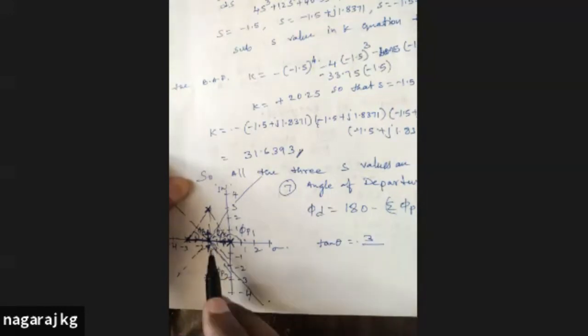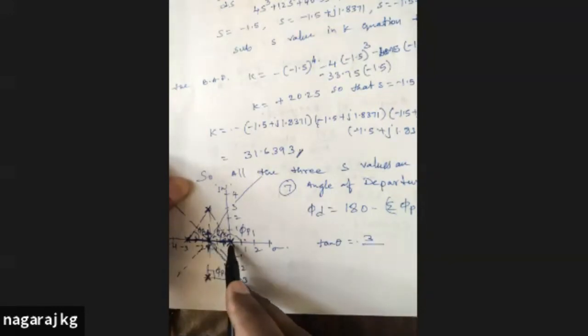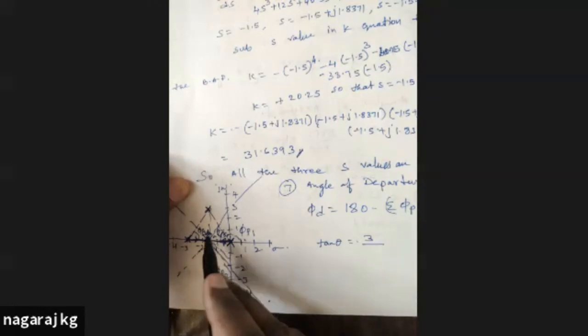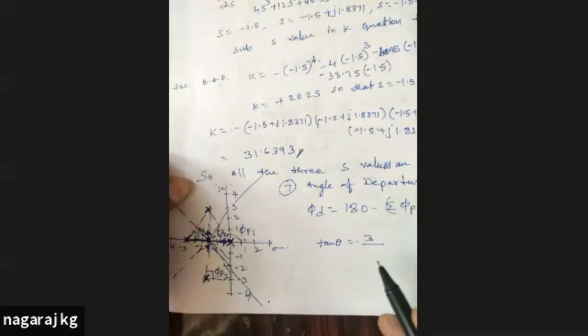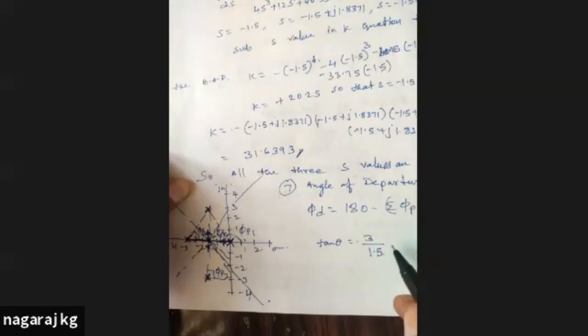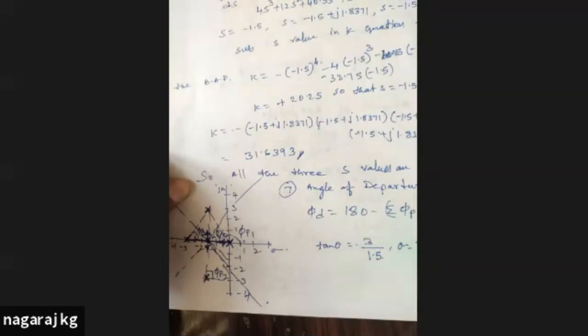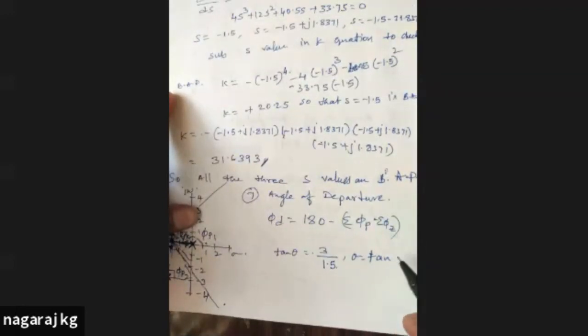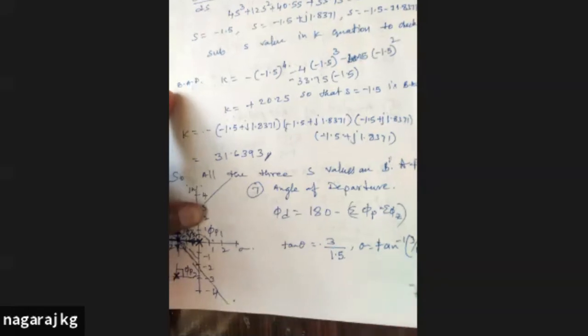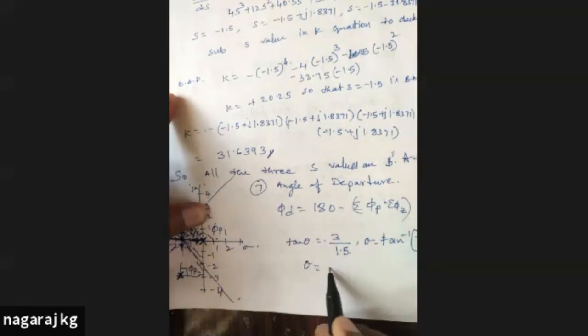And the adjacent side, from origin to this complex pole, what is the distance? It is 1.5. You take only the magnitude, don't take the sign. So theta is equal to tan inverse of 3 by 1.5.